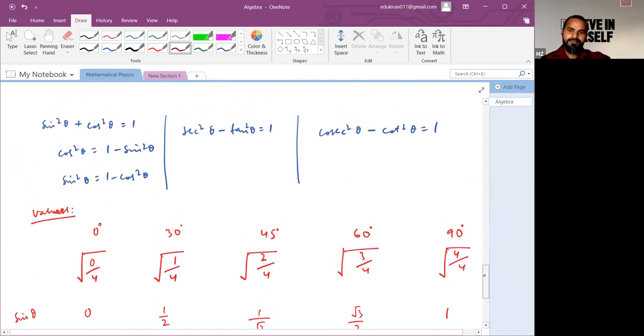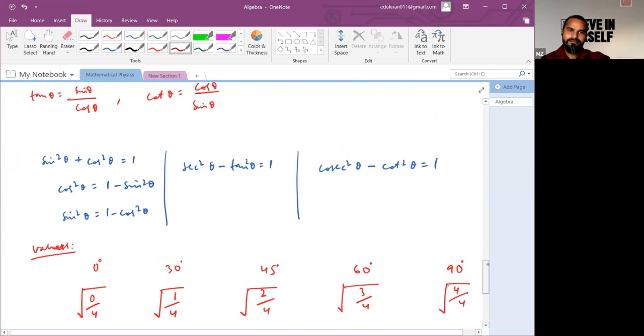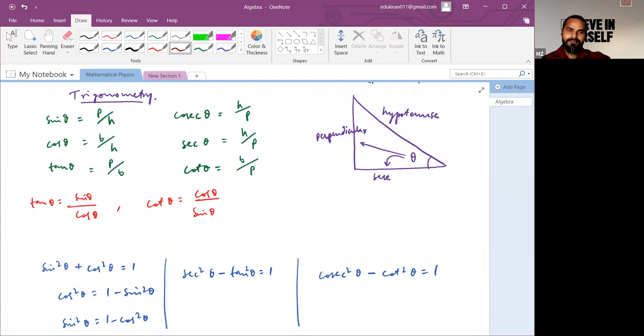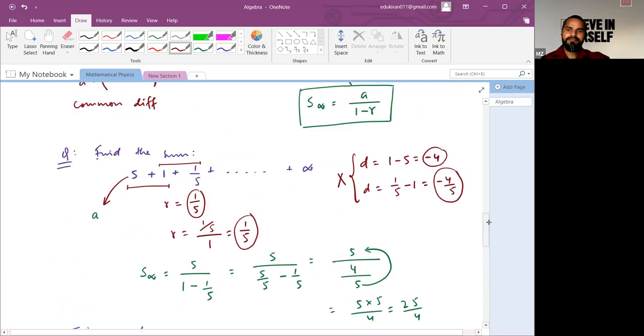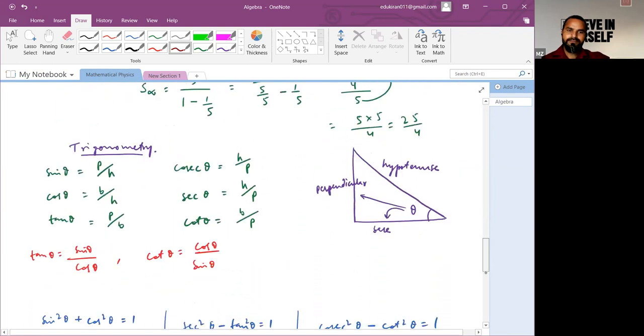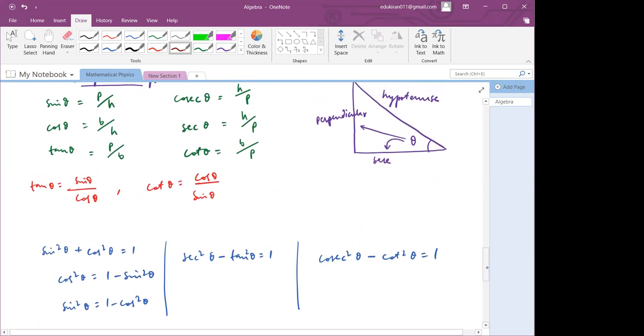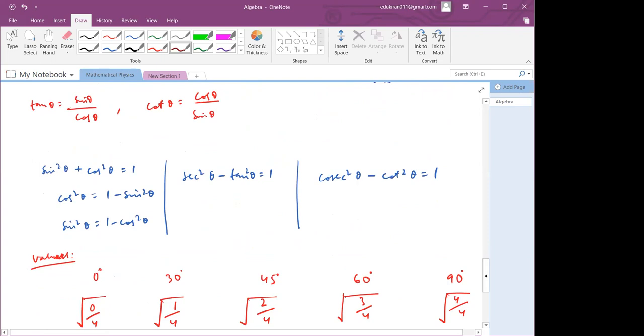This part, again. Okay, wait. Okay, you can scroll down.